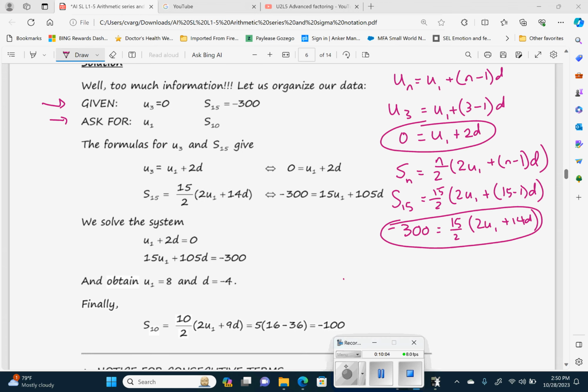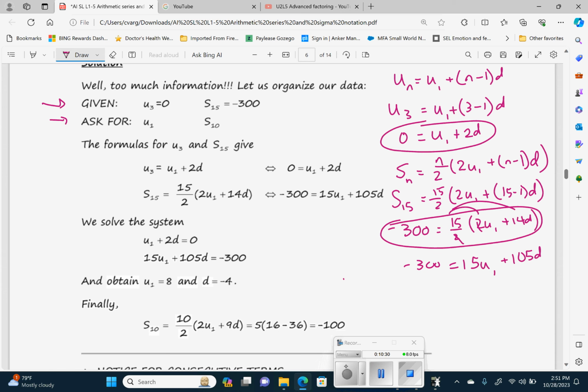And then here we have something that we need to simplify. So we have to do the distributive property here first. So 15 over 2 times 2u1, these cancel out. You could do 15 times 2, which is 30, divided by 2 is still 15. So 15u1 plus 15 times 14d, that's going to give us 105d, and this is equal to negative 300.